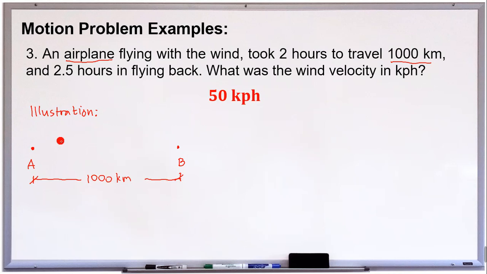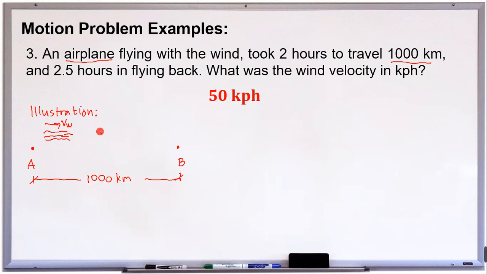Okay, so the direction of our wind, we assume that one from A to B. So this is the direction of our wind. That is the velocity of our wind, VW, that is unknown.